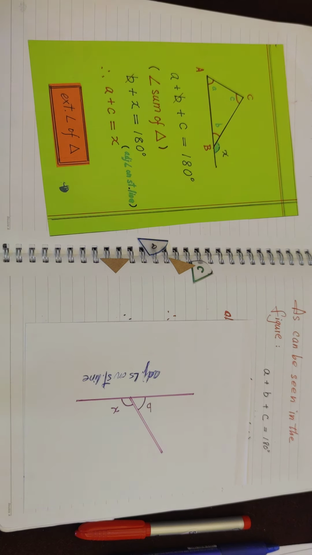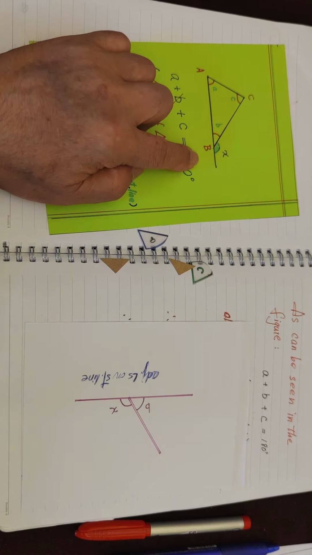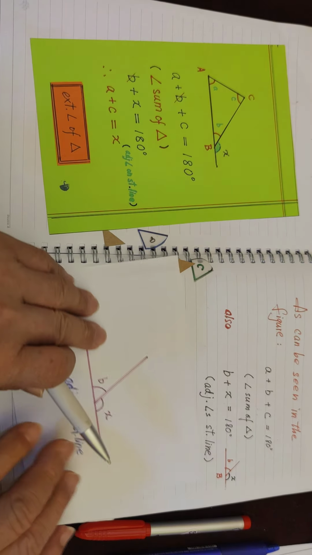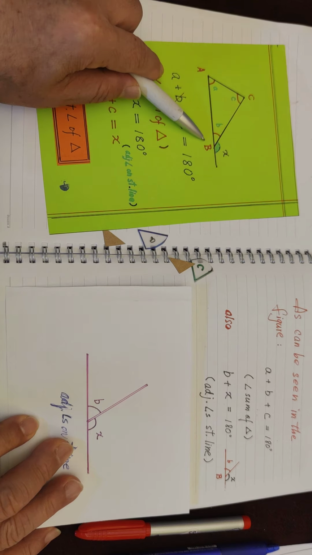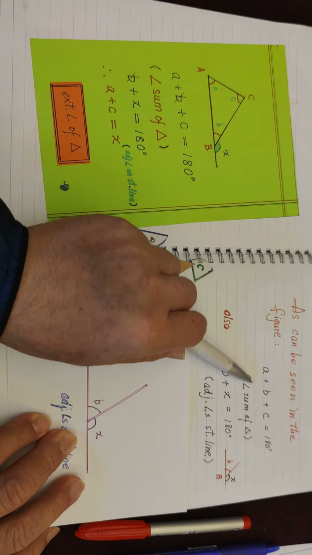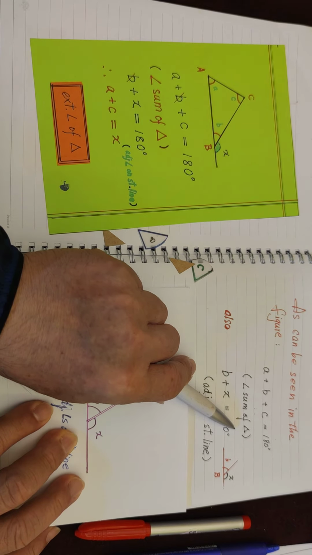Here we come to the next topic. In the figure, we have triangle ABC. Having X as the exterior angle, we see that A plus B plus C equals 180 degrees because of the angle sum of a triangle.